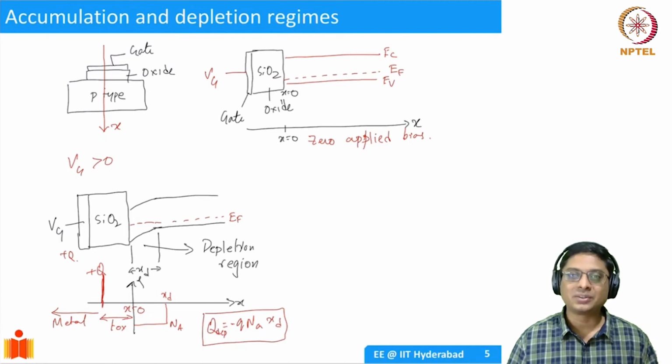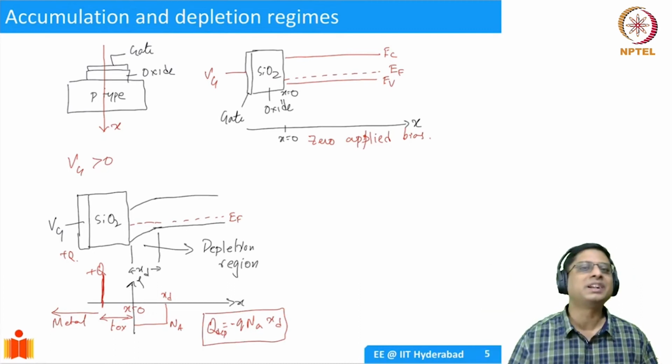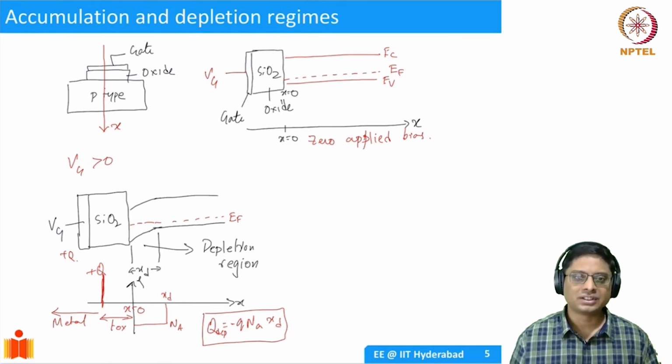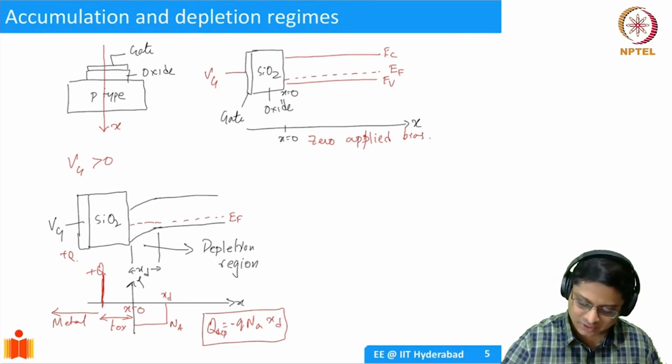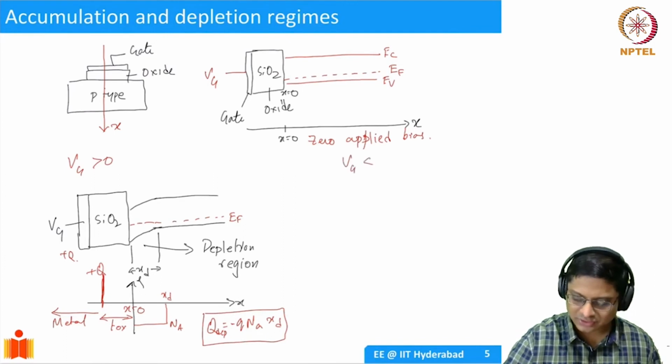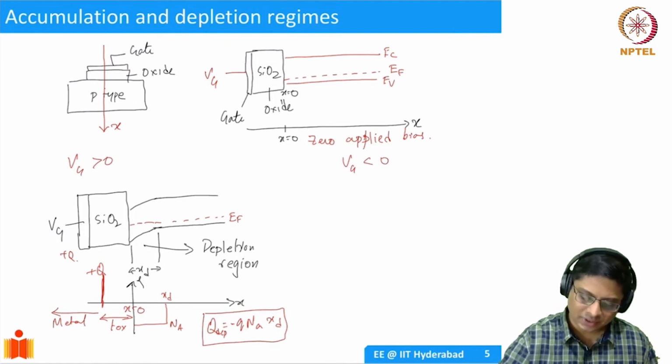What happens in the accumulation regime? Okay. For accumulation regime, we said that it's a P-type semiconductor in the substrate. So if you want to have more holes, you need to put a negative voltage on the gate. Okay. So what I'll do is VG less than 0. So what happens now? Again, the same things.